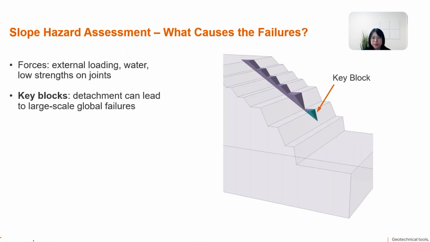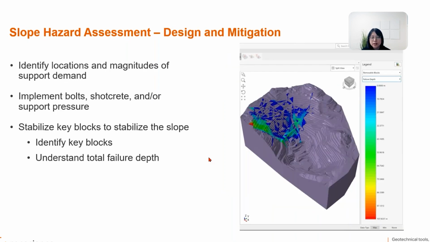So going back to the previous example, stabilizing this green block also stabilizes this purple block. In this sense, by identifying the key block, we can also understand the total true failure depth, and this quantity can be used to determine how much anchoring is needed to anchor into competent rock.